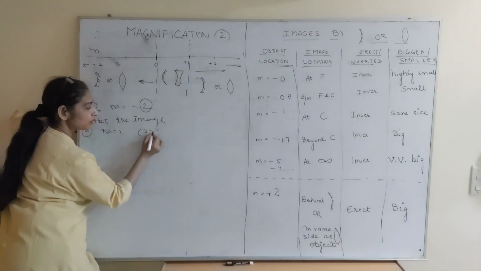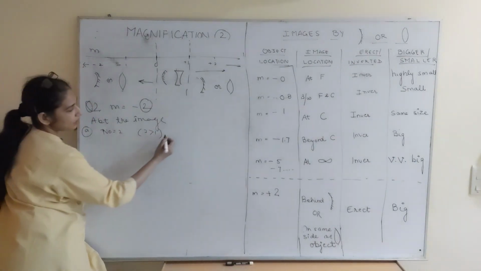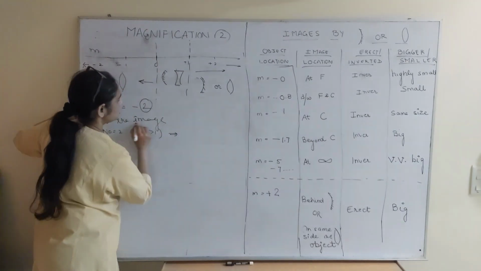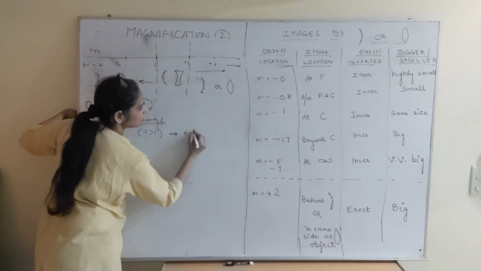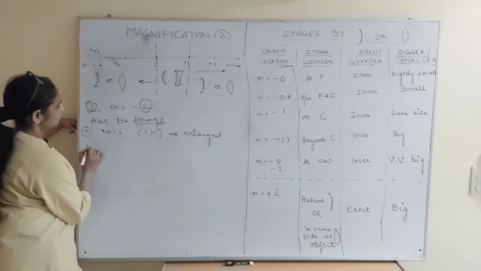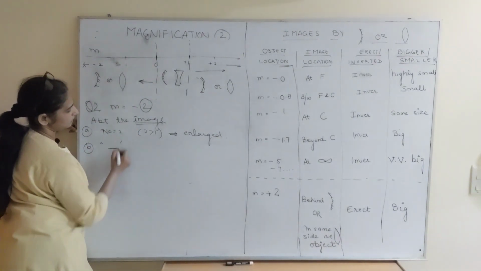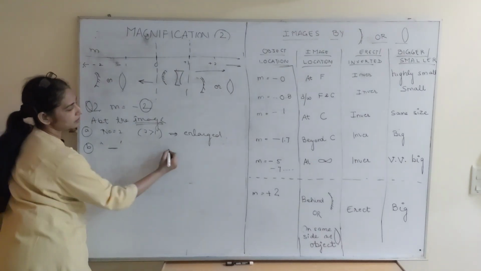And you know 2 is more than 1. So immediately the number is more than 1. What does this tell us? The image is enlarged, magnified. Alright, let's come to the sign. The sign is minus. What does minus tell us?